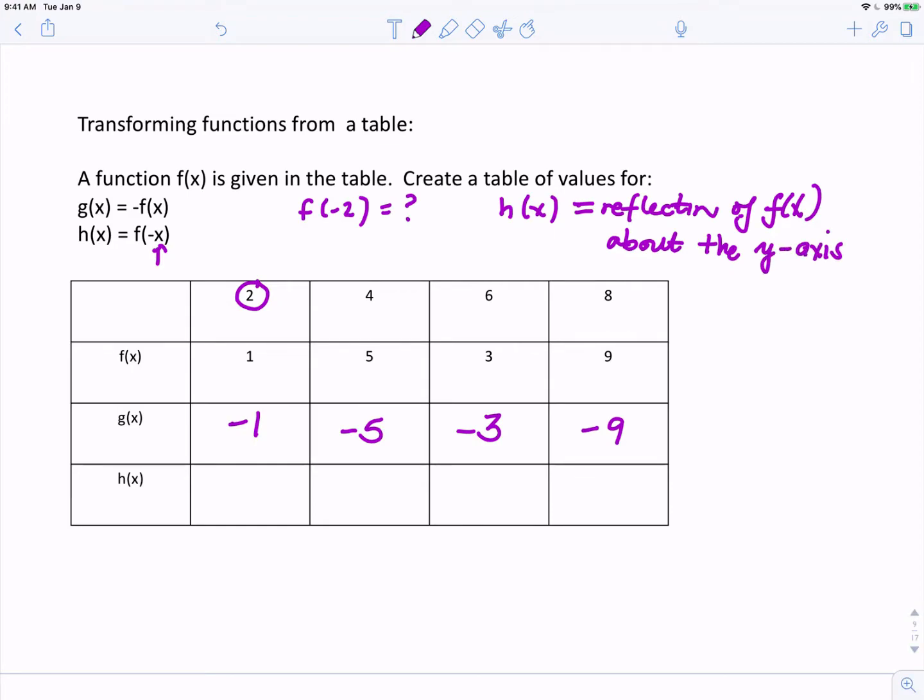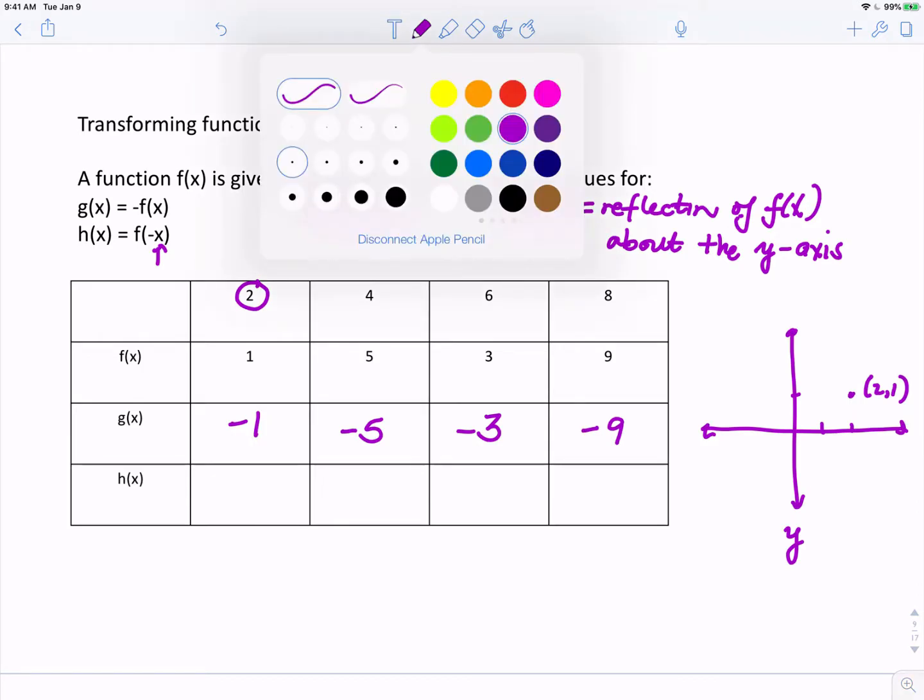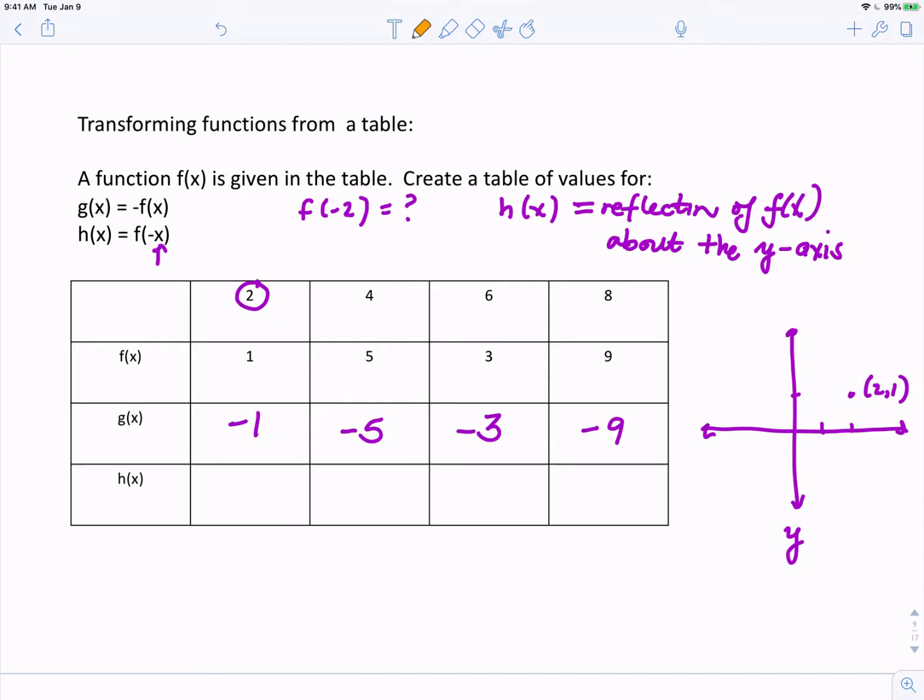And so it'll help us, I think, to draw a picture of what that's going to look like. So here's our y-axis here. And so, for example, f of x has the point (2, 1) on the graph of f of x. So h of x would take this point and reflect it about the y-axis.